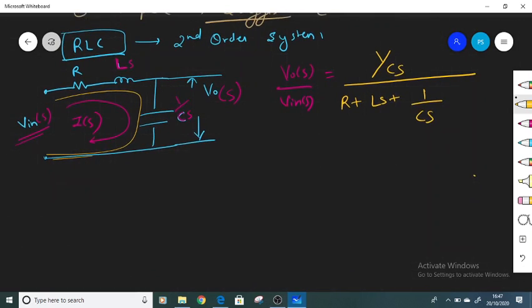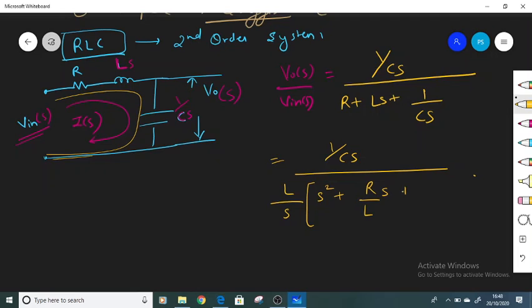Okay. Now I'll just rearrange few things in the denominator. I can take L divided by s common from the denominator. If I do so, then inside the bracket I'll get s square plus R by L into s plus 1 divided by LC.